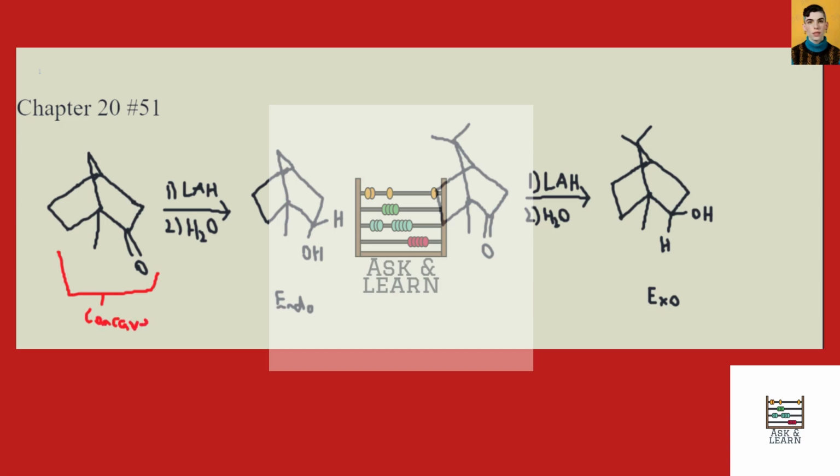And so that's going to really sterically hinder approach from the bottom. And then the other thing is that up here, we really just have these two hydrogens. And so approach from the top is much less hindered. And so that's how we get the endo product here for the first one.